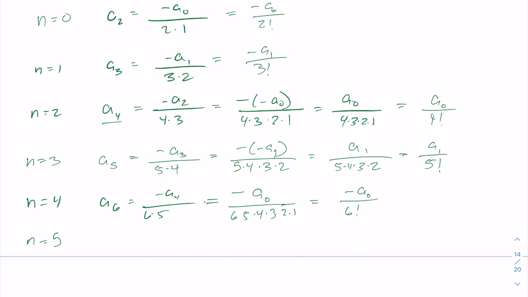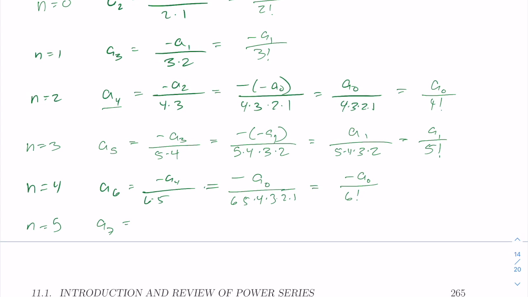Let's do n is 5. I have a7 equals minus a5 over 7 times 6. a5 is here, so I have minus a1 over 7, 6, 5 factorial, and so that's minus a1 over 7 factorial.